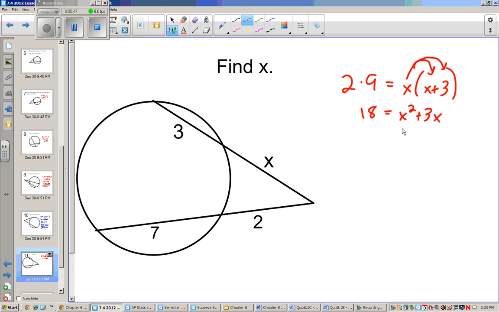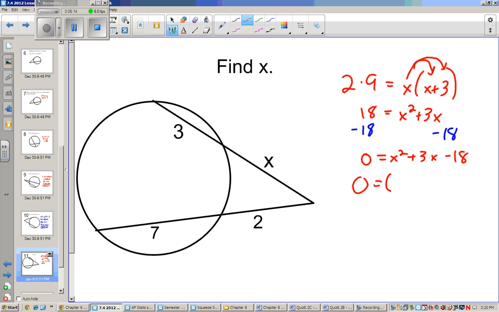Whenever we have a situation where we have an x squared and an x, there's 3 ways we can solve it. We can use the quadratic formula, we can solve by completing the square, or we can factor. The easiest way to do is factoring if we can. So what I would do here is subtract 18 on both sides, and then think about how we can factor this last one.